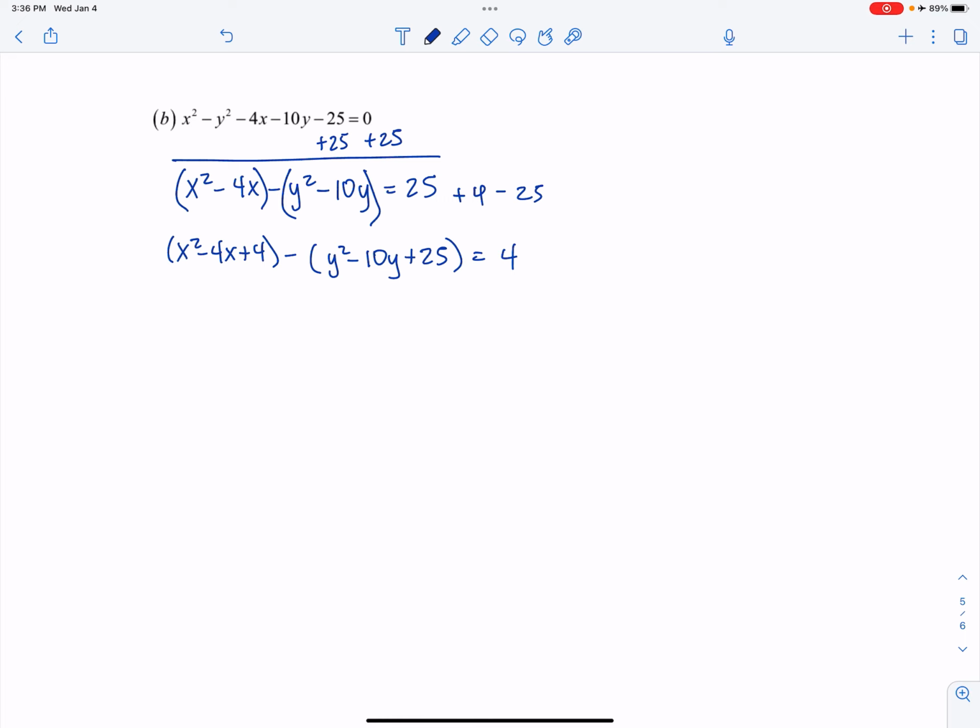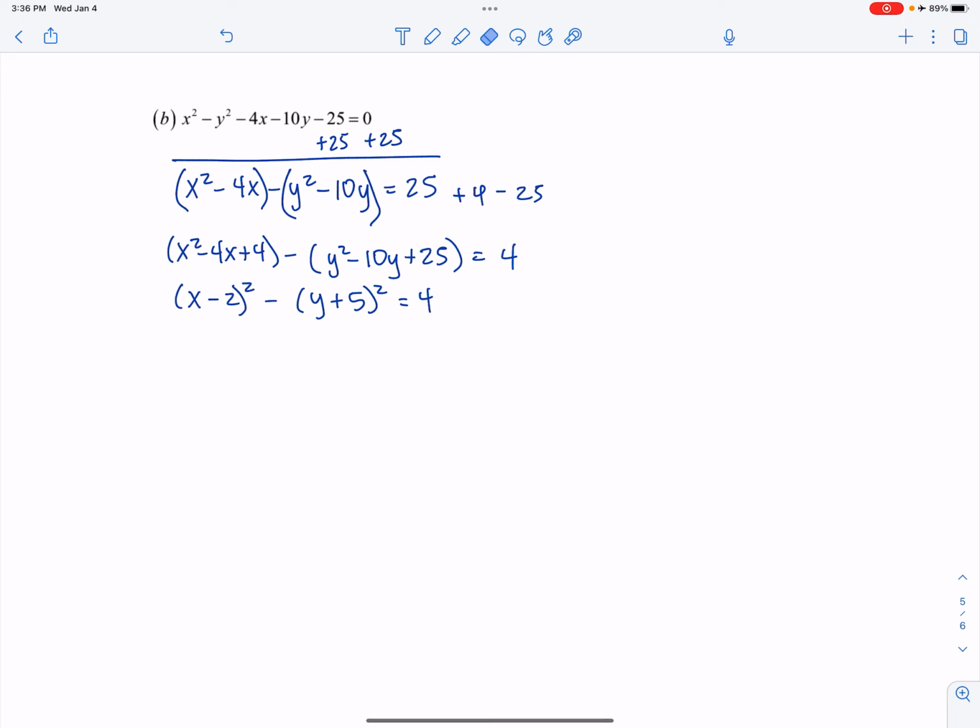So x squared minus 4x plus 4 we factor to (x minus 2) squared minus (y plus 5) squared equals 4.